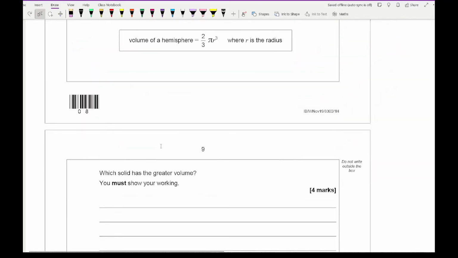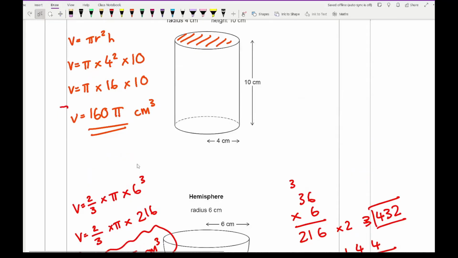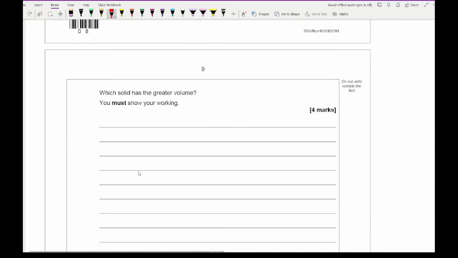And again, going back to the question, it says which solid has the greater volume? Well, I'm comparing this volume here to this volume here. So if I just remember 160 over 144, the volume of the cylinder is greater.